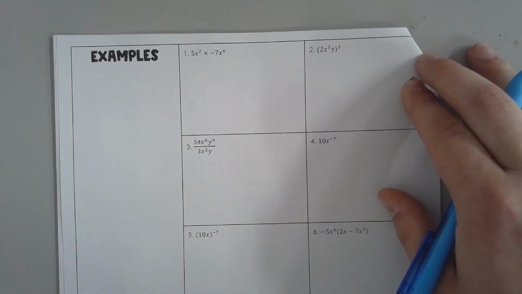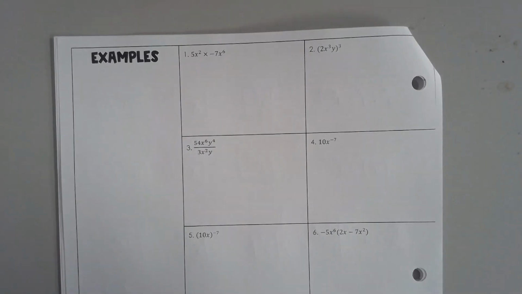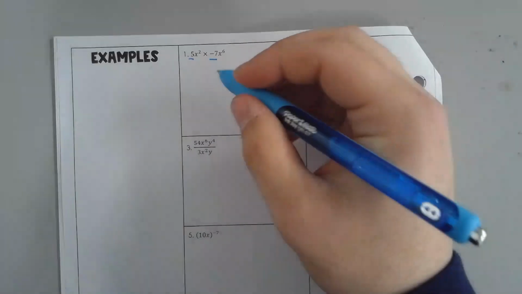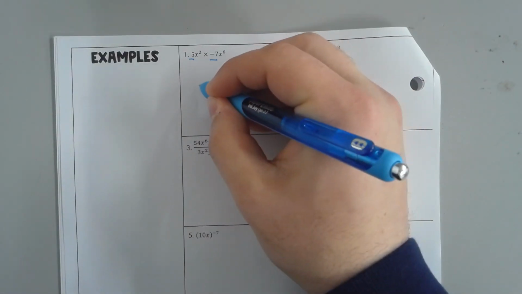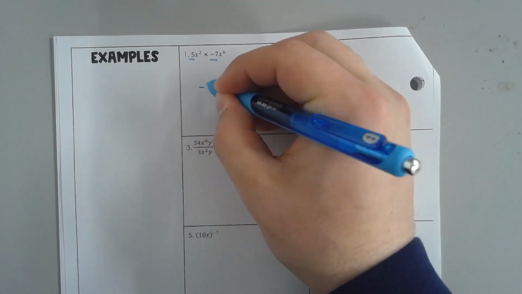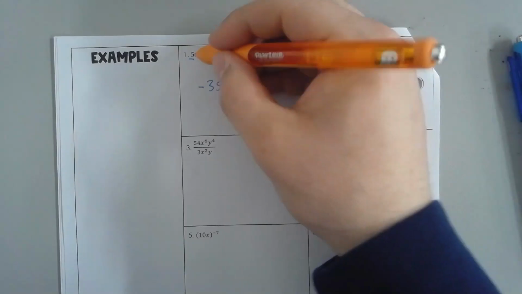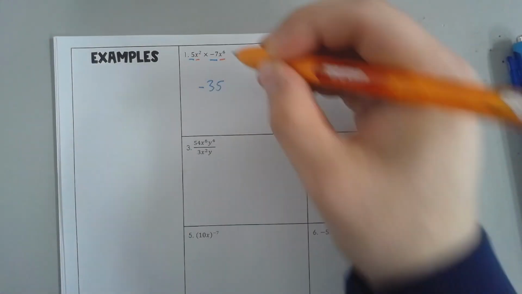So number 1, we've got a 5x squared times negative 7x to the 6th. So we can multiply this 5 and negative 7. What will that give us? Negative 35. And then we've got an x squared and an x to the 6th.